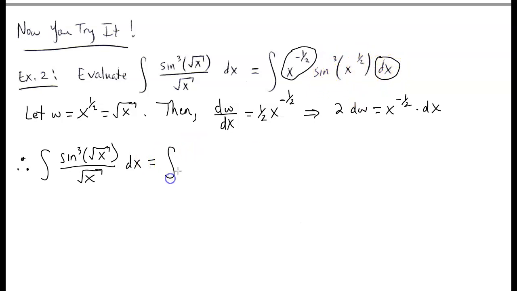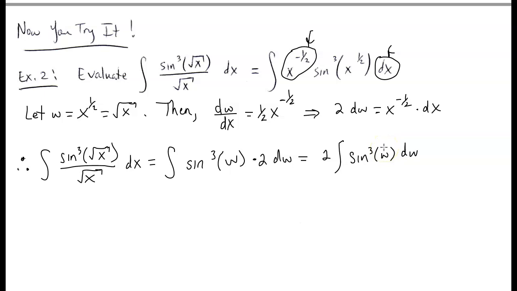All that is just going to be, have sine cubed of w. Plug it in there. So sine cubed of w, and in place of the x raised to the negative 1/2 dx, we have 2 times dw, okay, which essentially just ends up being this.